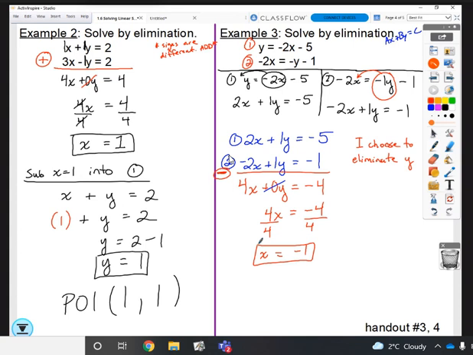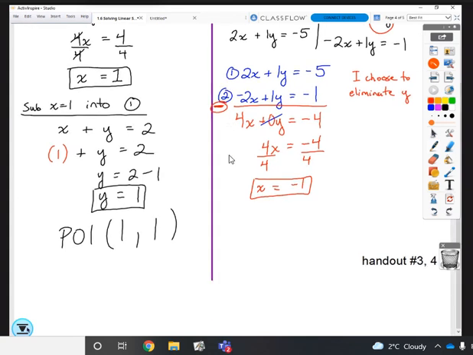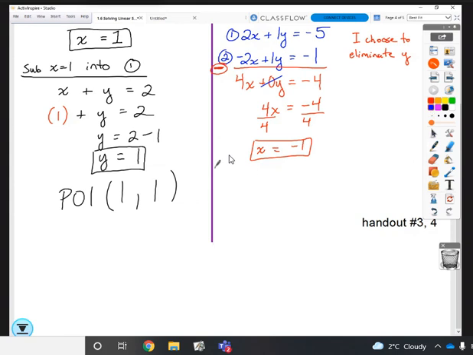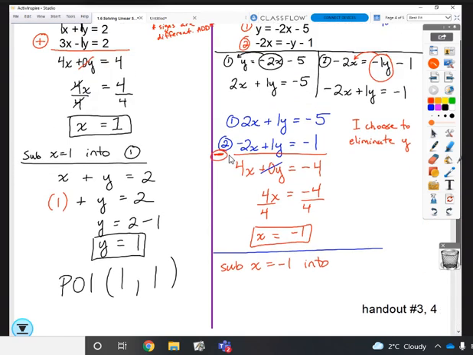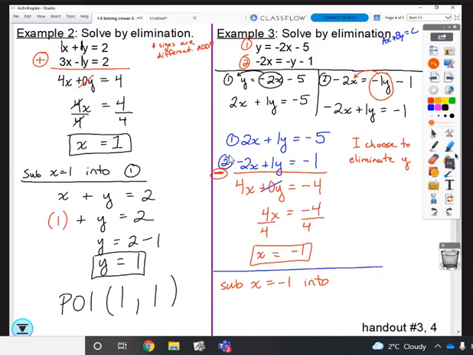From here, what we're going to do is sub this x equals negative 1 into, well, equation 1 or 2. Now, this is a little strange because we actually have 4 equations here, right?